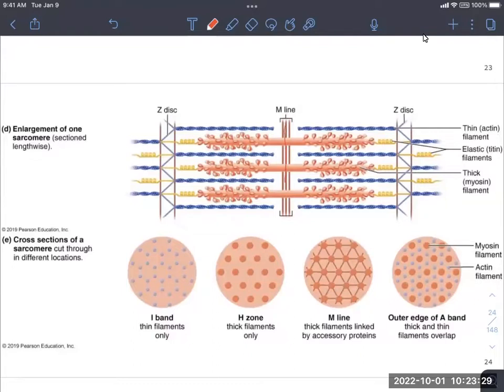You can see how this is holding those myosin filaments all through here. This is what holds those in place. Your Z discs, this is what is holding the actin filaments in place. And these are all going to work together to help your muscle contract.